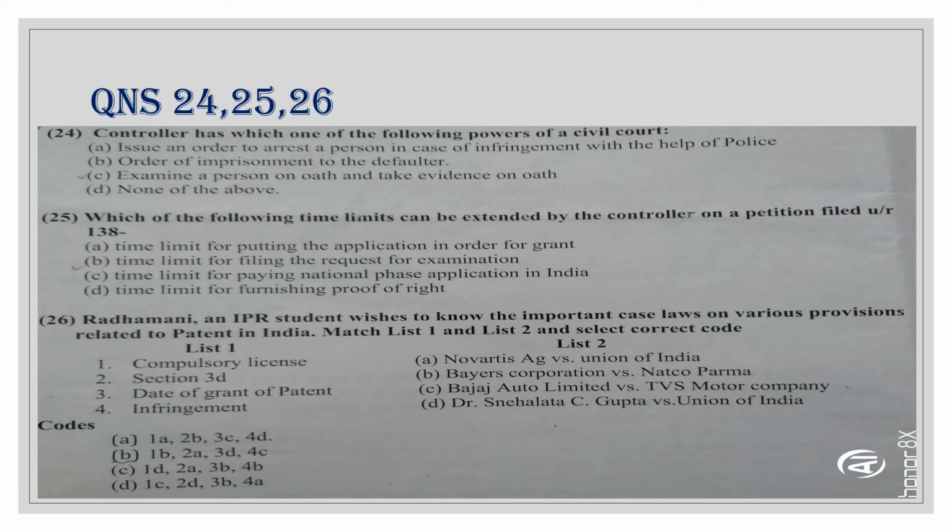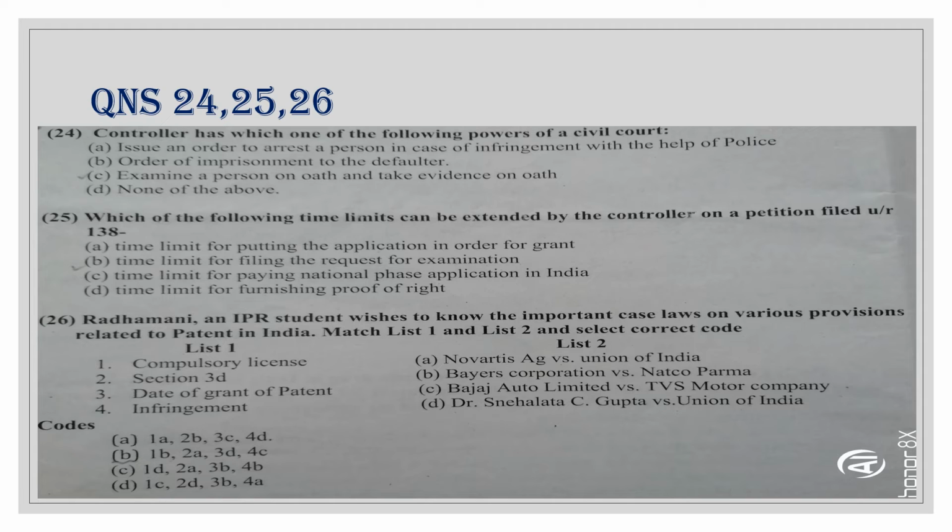Fine. So the correct option is option B, and option B has 1B, that means compulsory license indicates Bayer's Corporation versus Natco Pharma case. And 2A, because when you observe option B, the combinations are like this: 1B, 2A. 2A means section 3D, and the case law is Novartis versus Union of India.